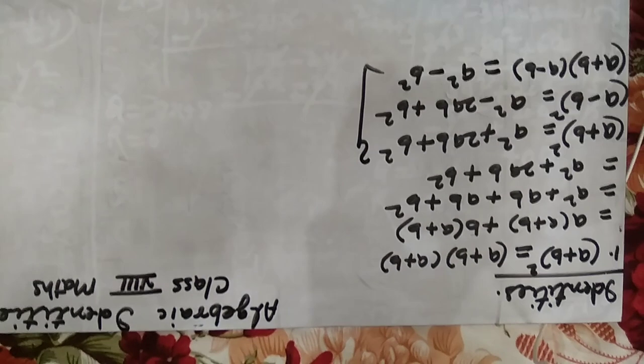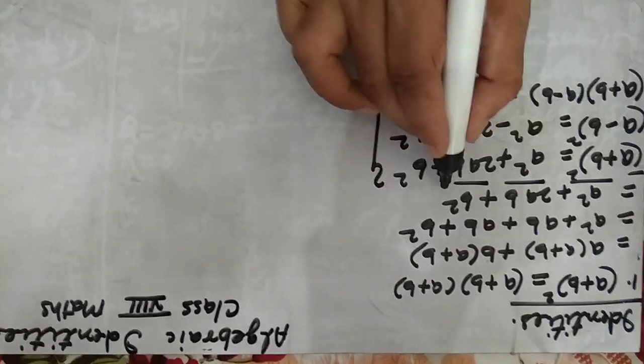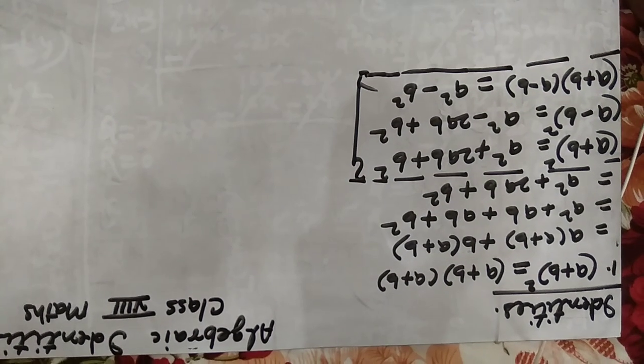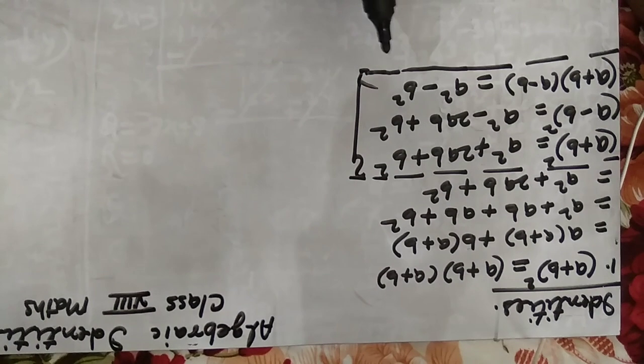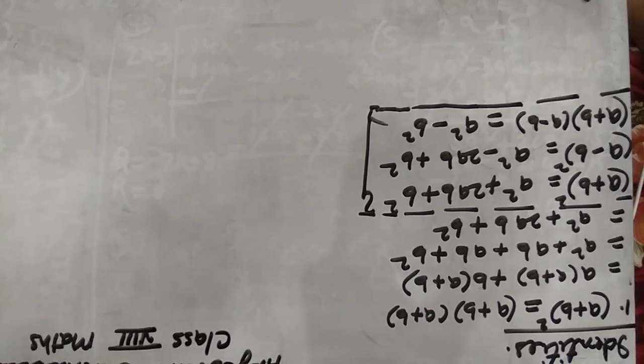So students, we have to learn these identities forever. This will be used always. So you have to learn. Today our classwork and homework will be based on these three identities.